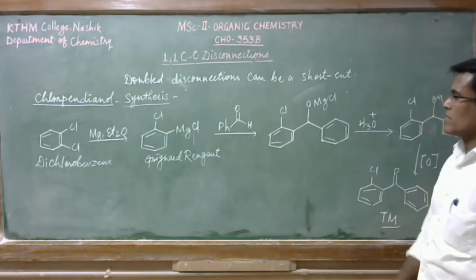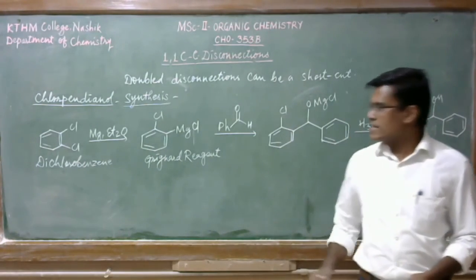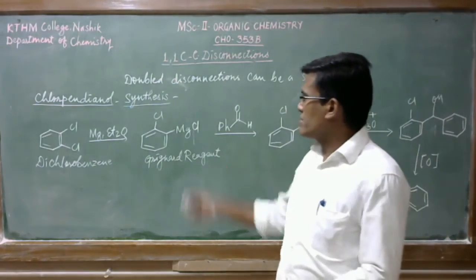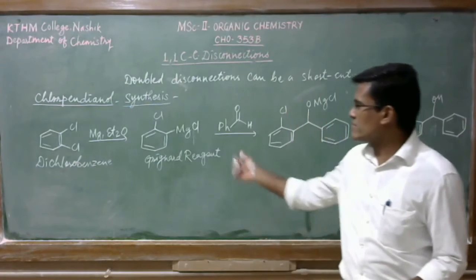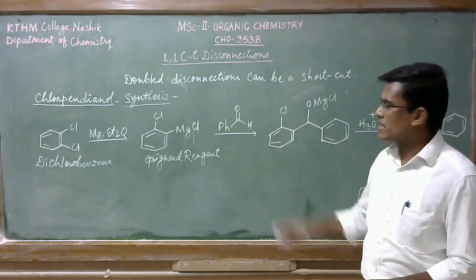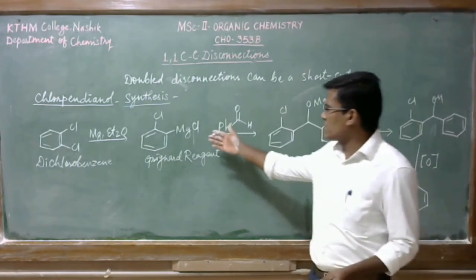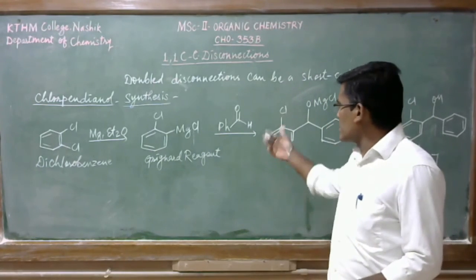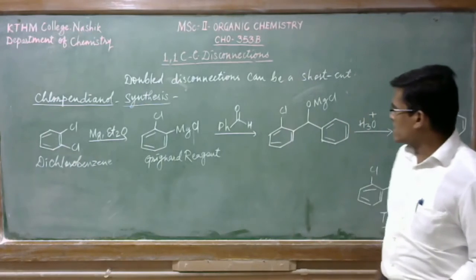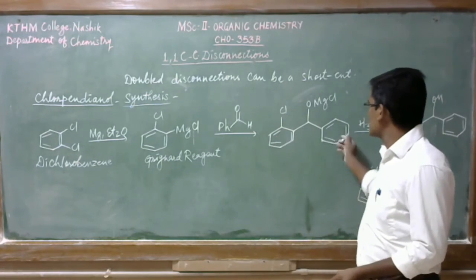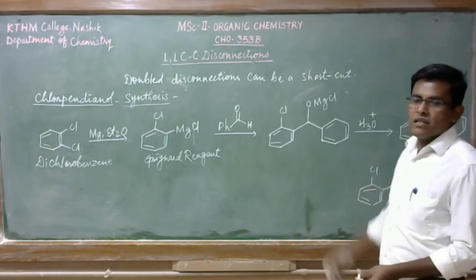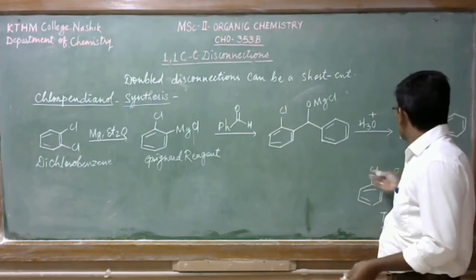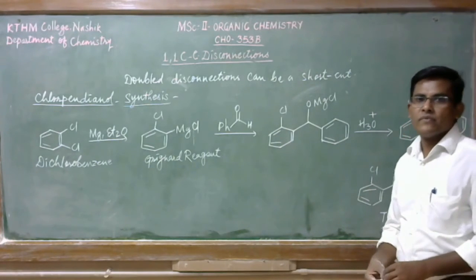So this is our target molecule. The synthesis is very simple. We have this dichlorobenzene. It reacts with magnesium turnings in the presence of diethyl ether. It gives the phenyl magnesium chloride Grignard reagent, which on treatment with benzaldehyde gives this salt. Finally, treatment with acid gives the secondary alcohol.